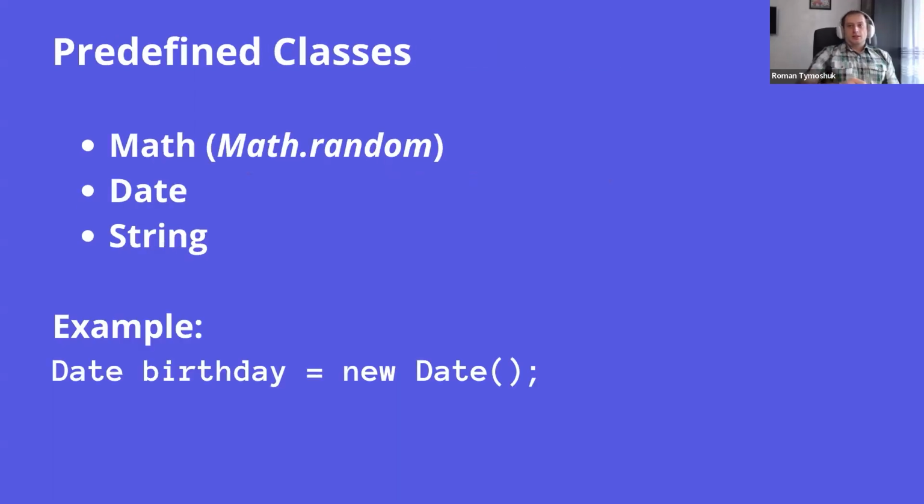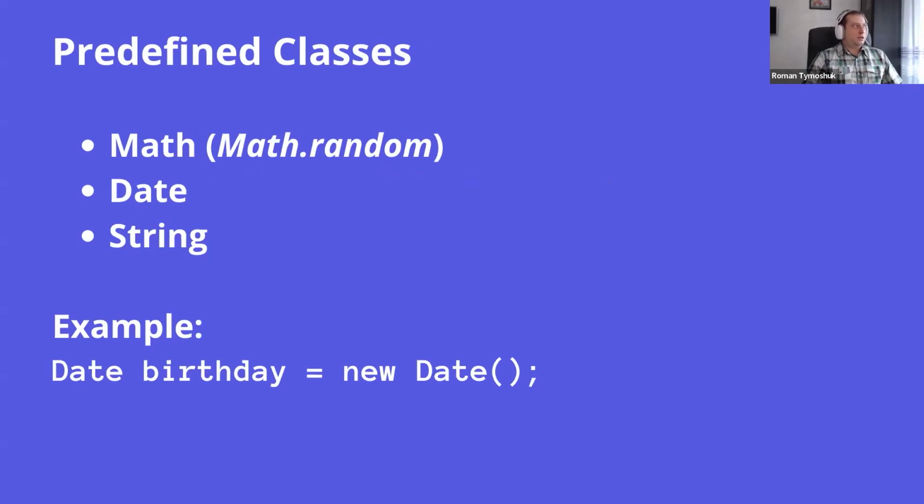Right, so let's go to more exact examples from real life. We have some predefined classes in the Java Development Kit, for example, Math. For example, the method Math.random provides randomized numbers, and all of these activities are joined in the separate class called Math.